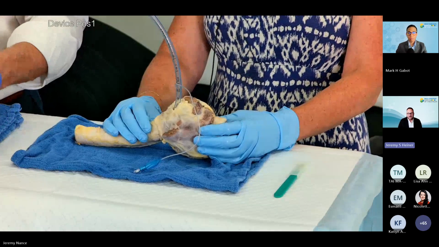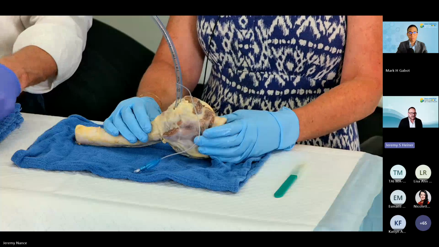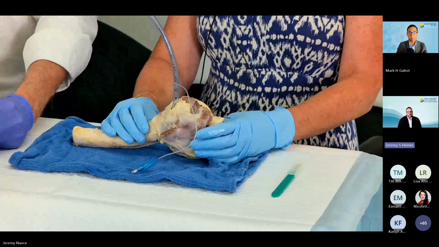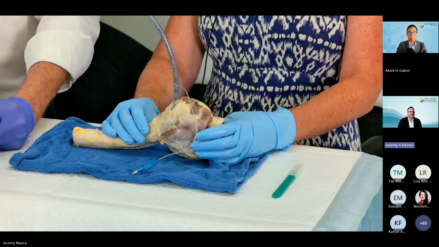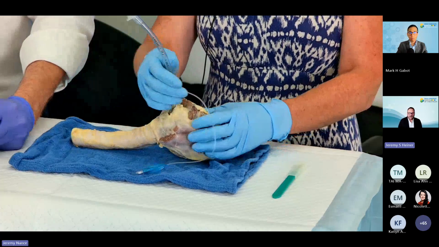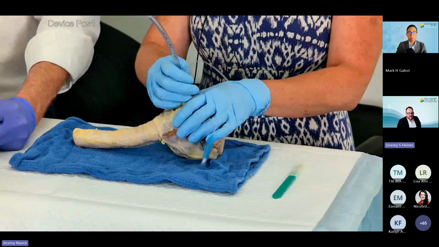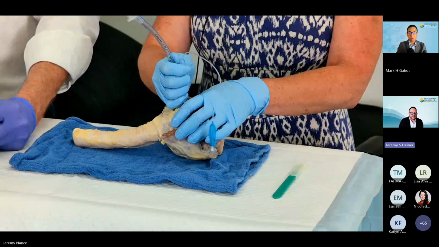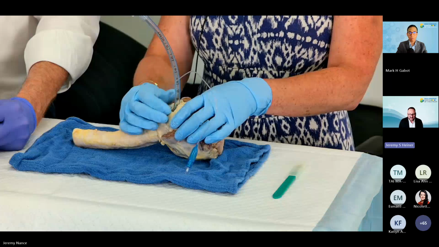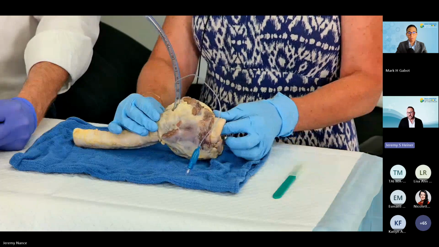Yes, absolutely. So 3D printed models and simulation models are good for teaching the technique and the steps. They give you a sense of what to do, the order to do it, and a little bit of the feel. However, in human tissue, and certainly in these porcine models, the membrane is thicker.